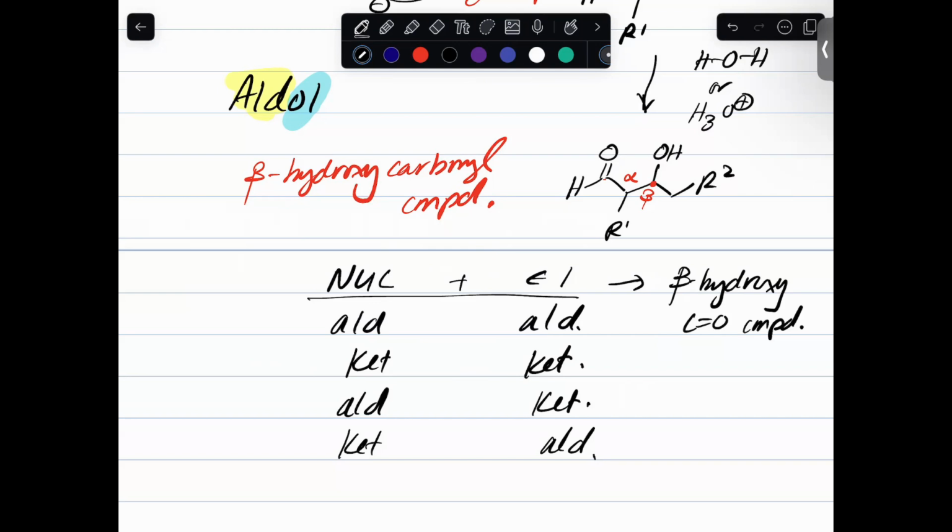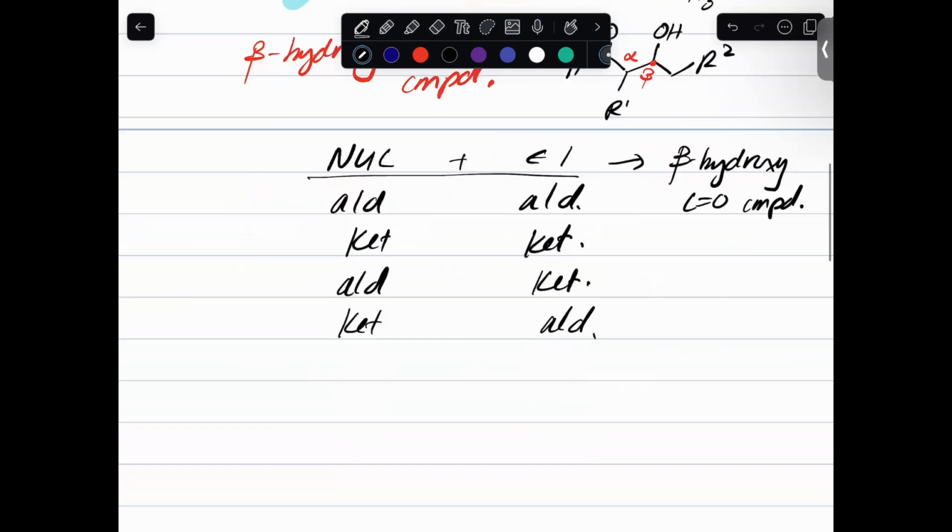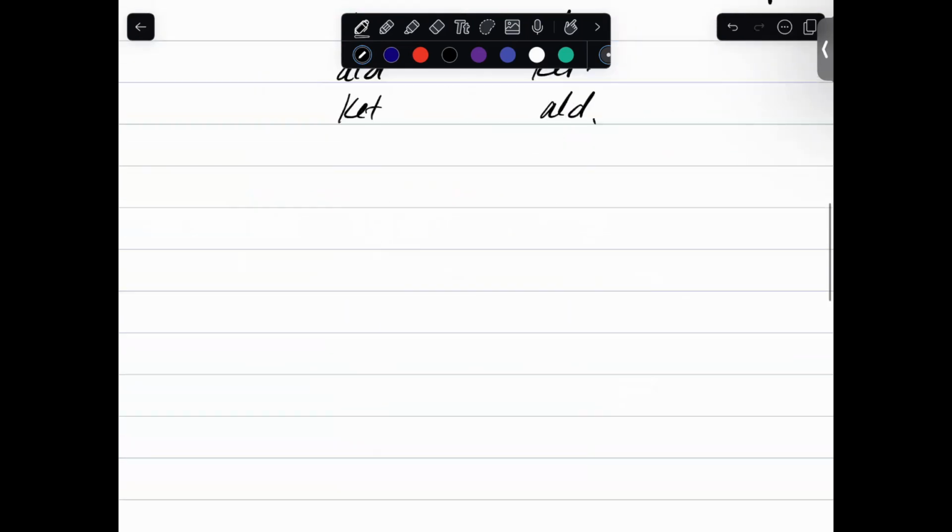Okay. And so what I'm going to do is I'm going to redraw this product down here and give myself a little bit more space. Because now I want to discuss the specifics of the mechanism and of the product. Okay.